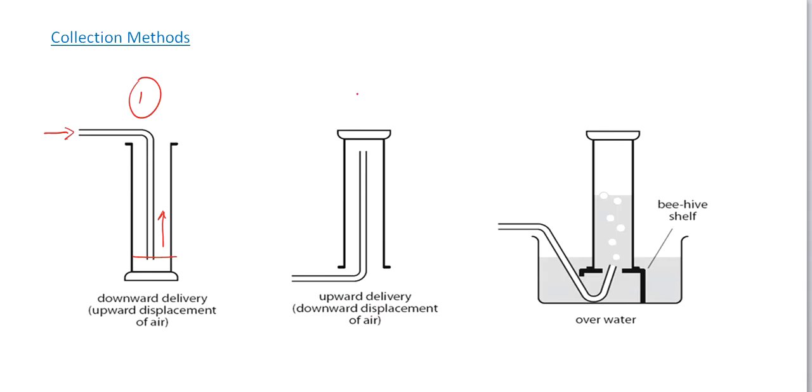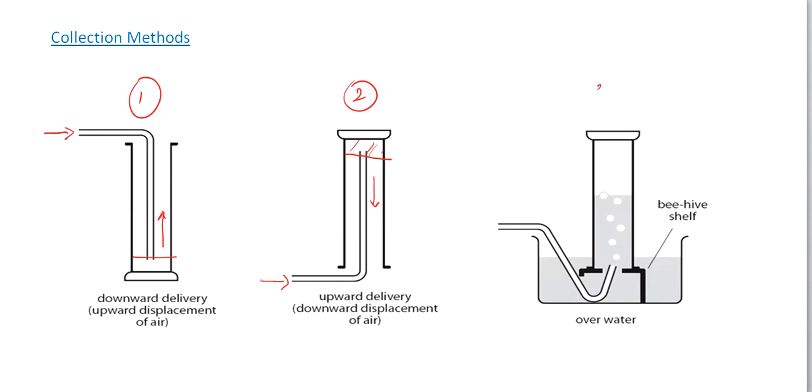In the second collection method, we have what is called upward delivery or downward displacement of air. So if we have the gas entering here and the gas is less dense than air, the gas is going to collect up here and air is going to be displaced downwards, right?